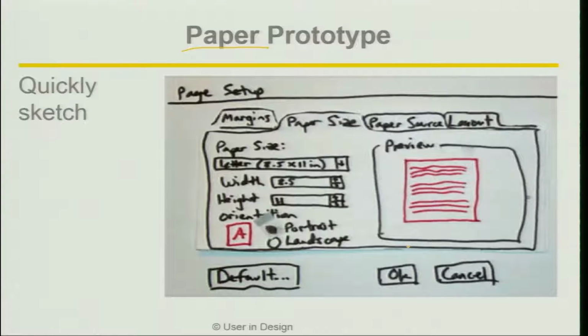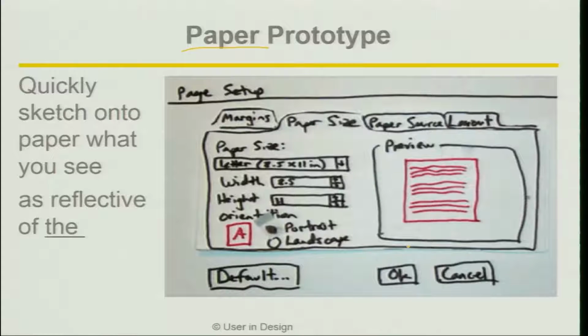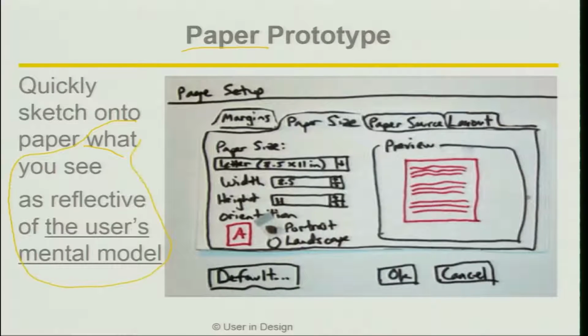So a paper prototype is something in which you quickly sketch onto paper what you see as reflective of the user's mental model. What this means is that you have done your research, you've gotten all this feedback from users, and at this point you have a pretty strong sense of what the user needs are, what their mental model is.